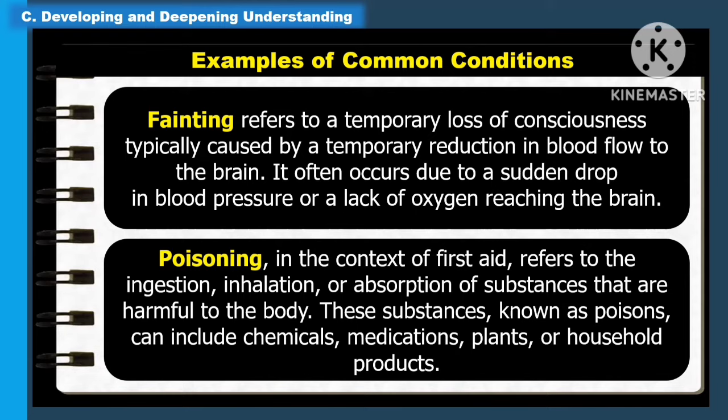And another example of common condition is poisoning. In the context of first aid, it refers to the ingestion, inhalation, or absorption of substances that are harmful to the body. These substances are known as poisons and can include chemicals, medications, plants, or household products.